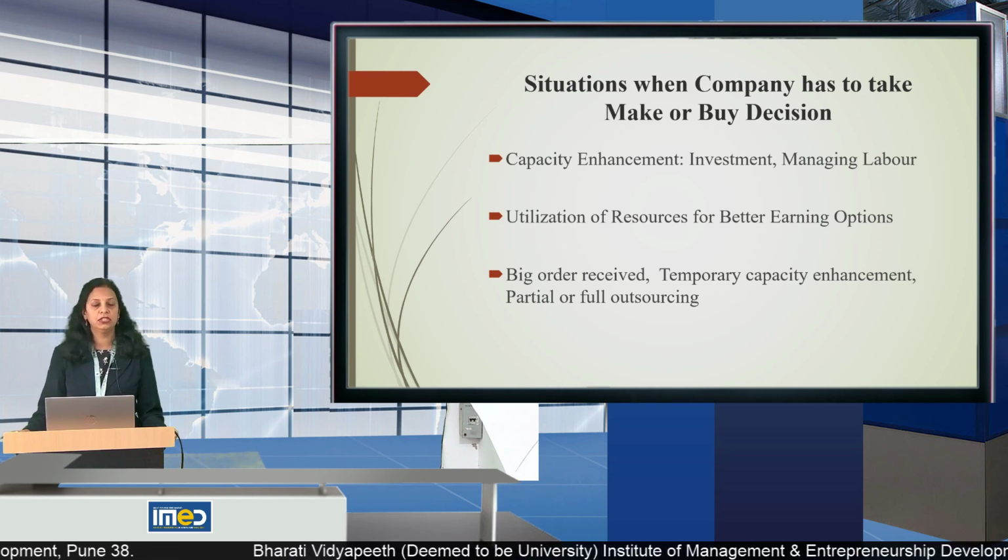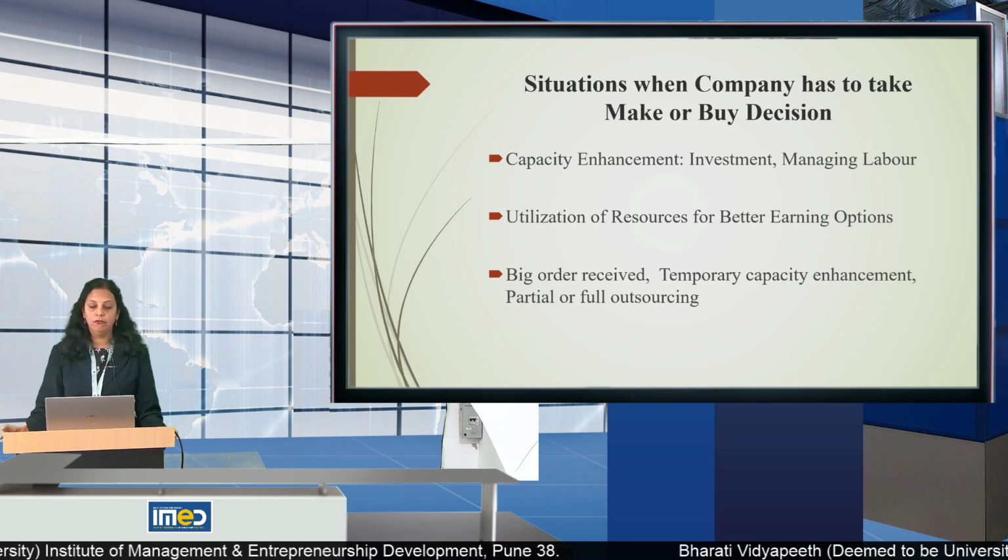All these strategies you must be learning in strategic management. So, when the capacity has to be enhanced, the company has to make investment and manage all resources including labor.